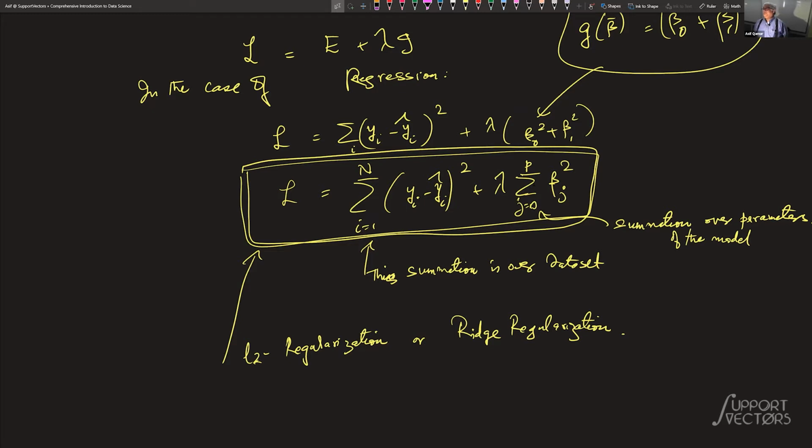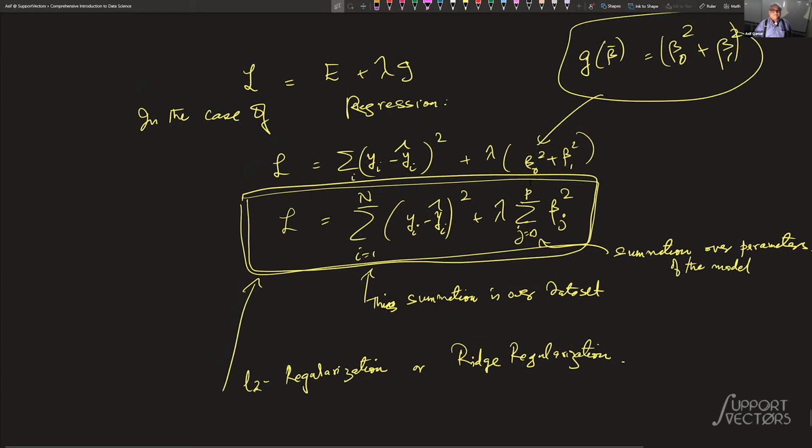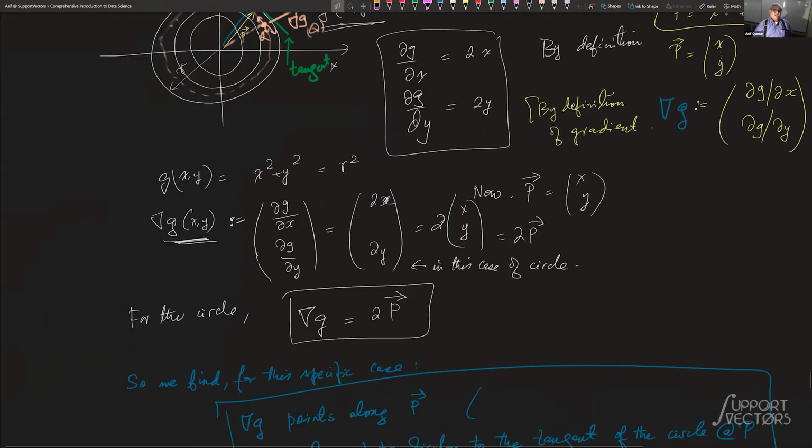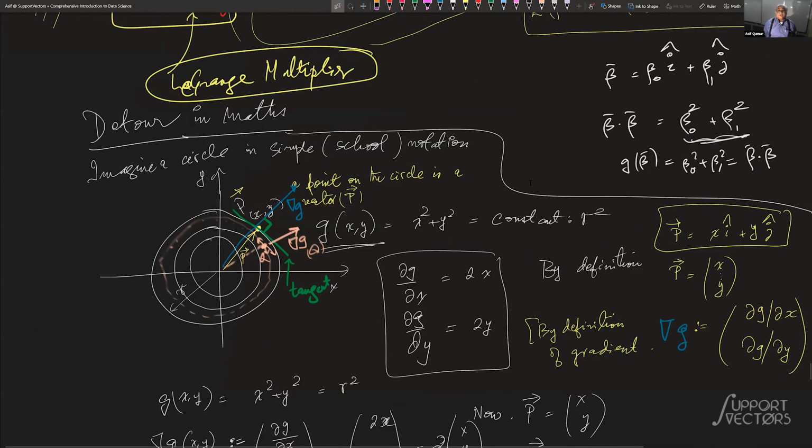Are we together? This is an important point, and we have gone through the journey. It's a very simple journey. It basically says, hey, if you are not careful, your parameters will blow up. How do you prevent it from blowing up? You put a circle around the origin and say, no matter what, I'm not going to go out of it. The learning must tell me the best value, the minimum error point within my circle.